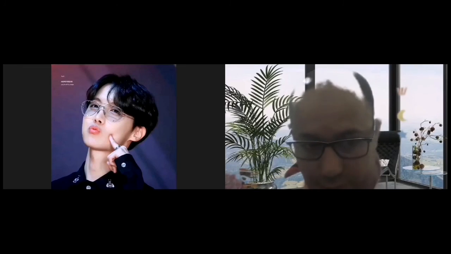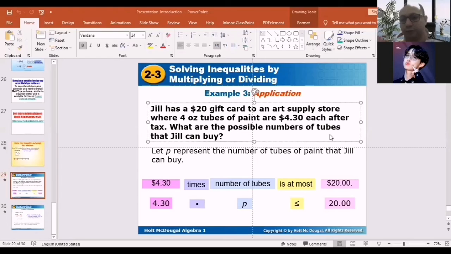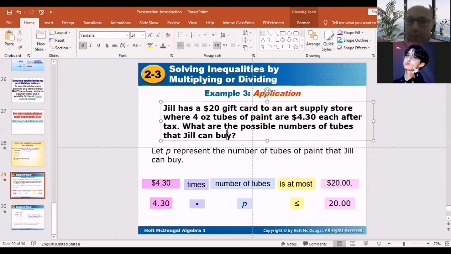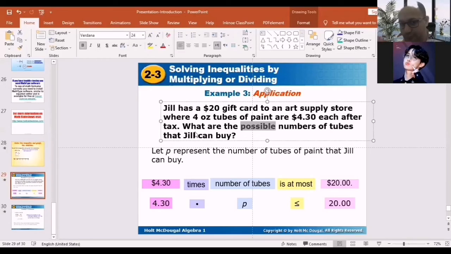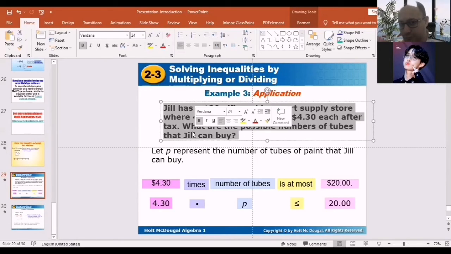Okay, I will show this problem here. After that, we will solve it according to this strategy.